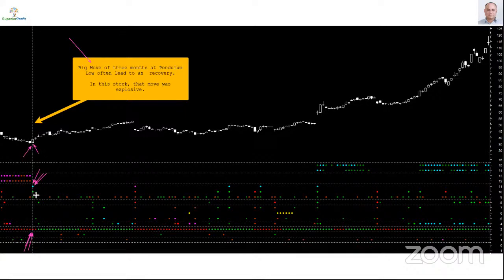A 3-month big move up at pendulum low in a well-known stock. This was Tesla, when it was around $40. Very useful signal: 3-month big move up at pendulum low.